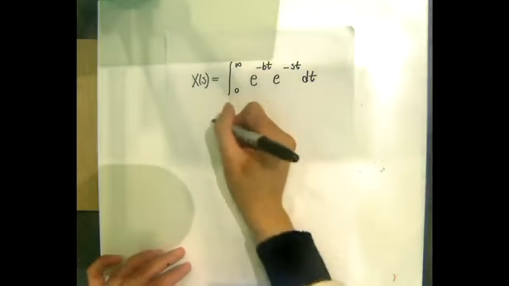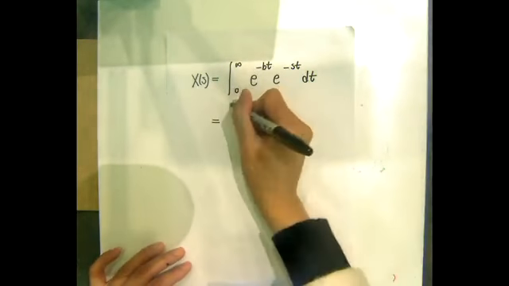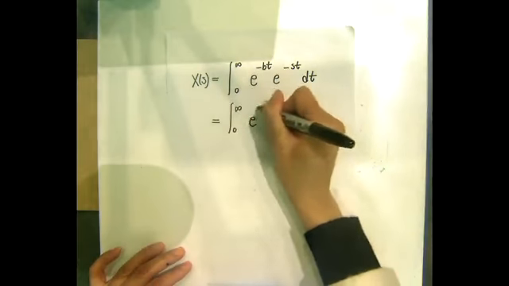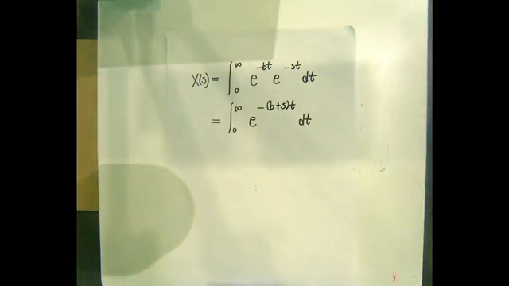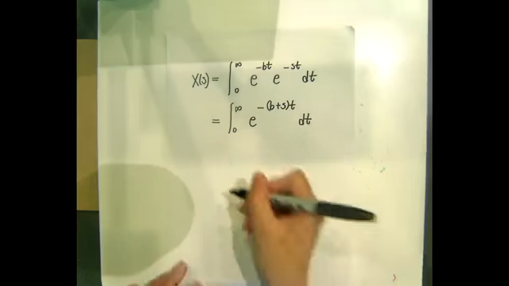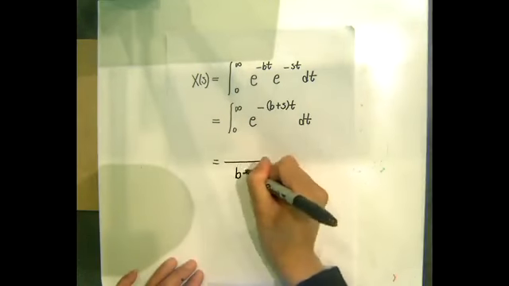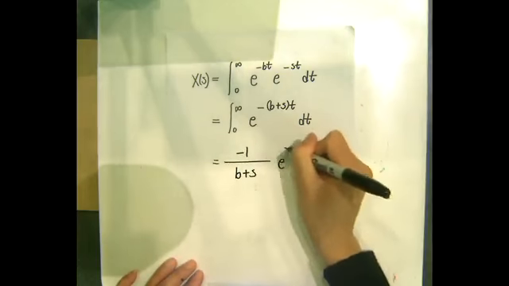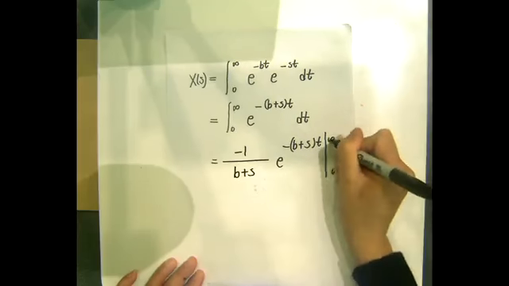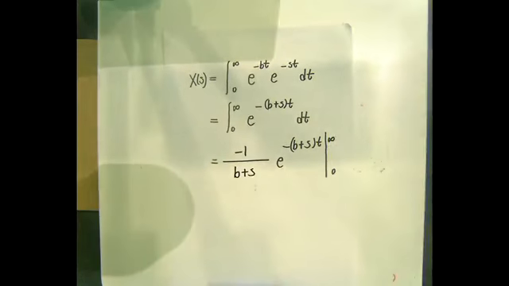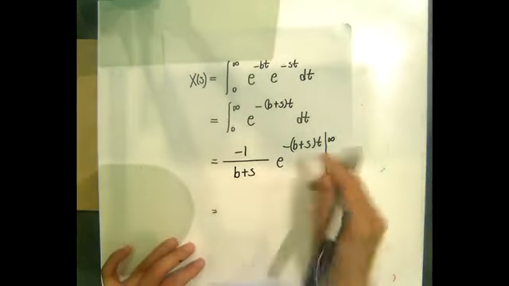And you can see here, in this case, I will calculate this part, e to the minus (beta plus s) t, dt. So this one, we do this many times, is 1 over minus (beta plus s) times e to the minus (beta plus s) t, with t from 0 to infinity. Okay. And I know I can always write down t equal to 0.